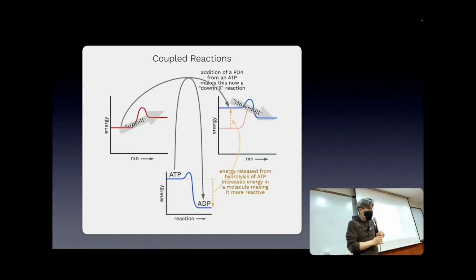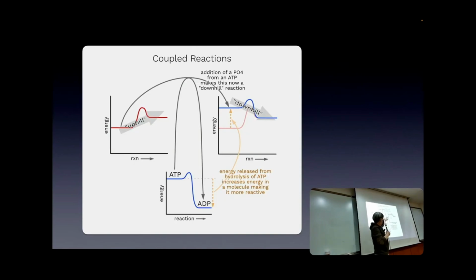And so this is one uphill reaction, and this is one downhill reaction. If these two chemical reactions occur together, then you have some energy differentials, although you may require a certain amount of energy. However, for example, ATP breakdown is a very good example of such a downhill spontaneous reaction.